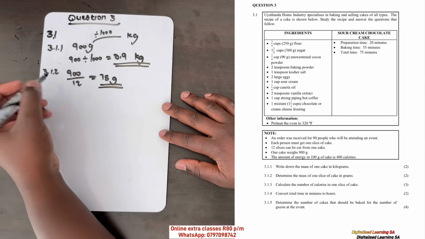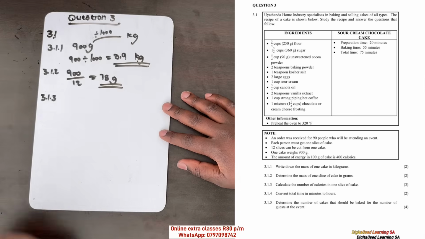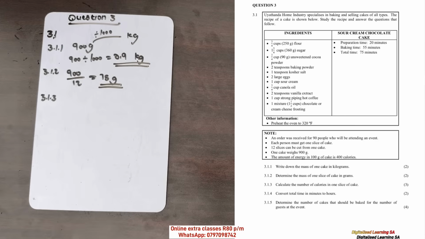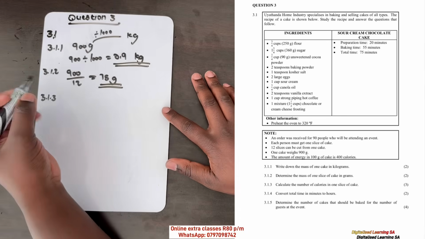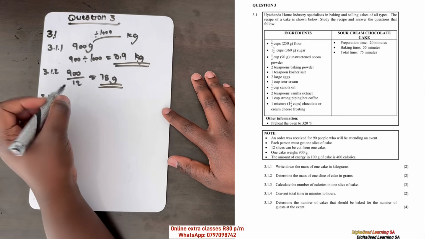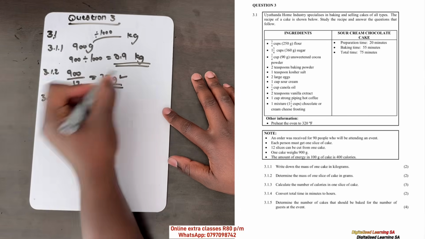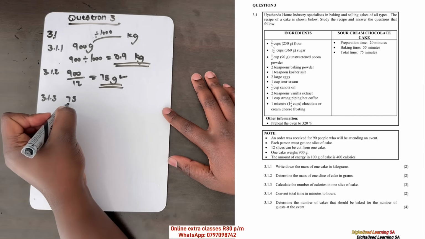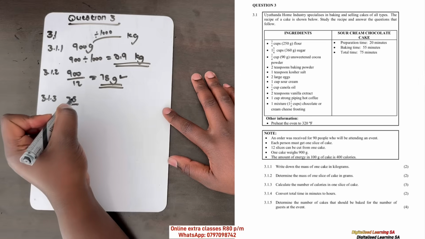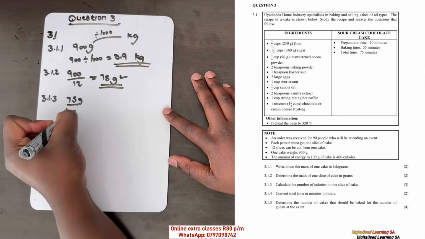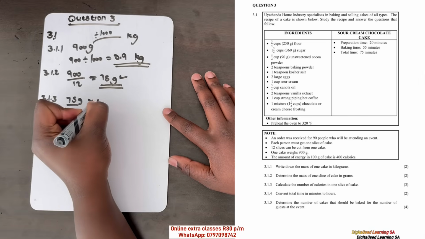Okay, so now let's move to the next question, which is question 3.1.3. Question 3.1.3 says calculate the number of calories in 1 slice of cake. So we are told that the amount of energy in 100 grams of cake is 400 calories. We know that 1 slice of cake consists of 75 grams. So we'll say 75 grams divided by 100 grams multiplied by 400.